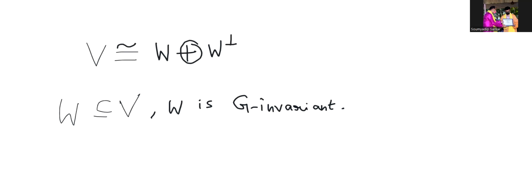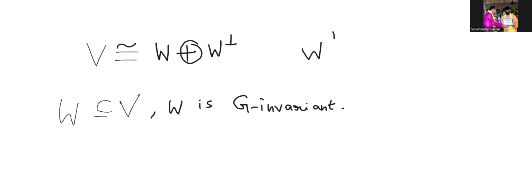You have an inner product which is G invariant and which is also non-degenerate. It's a non-degenerate bilinear form. So if you take the perpendicular of W with respect to that inner product, I hope you know what is the meaning of W perpendicular.